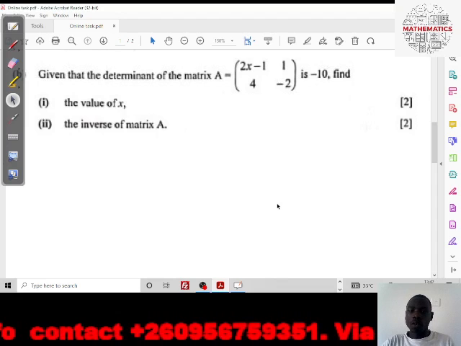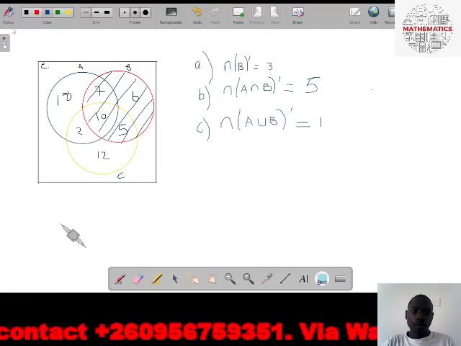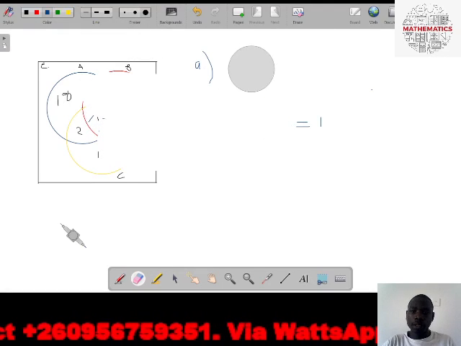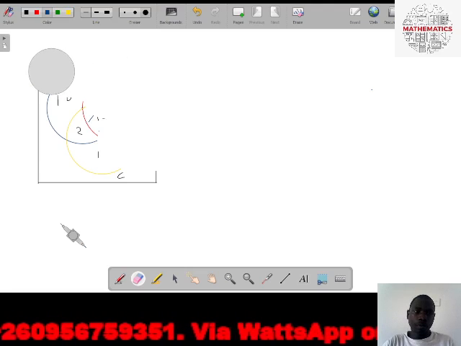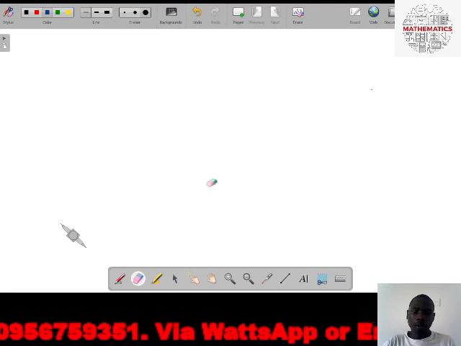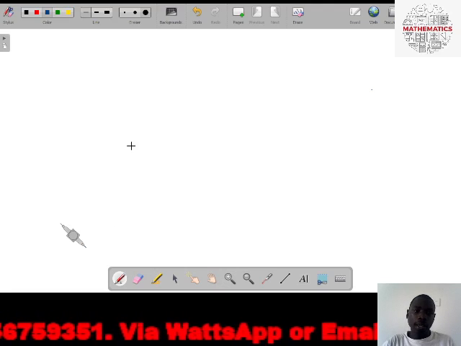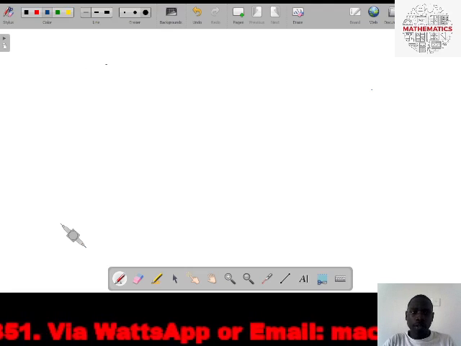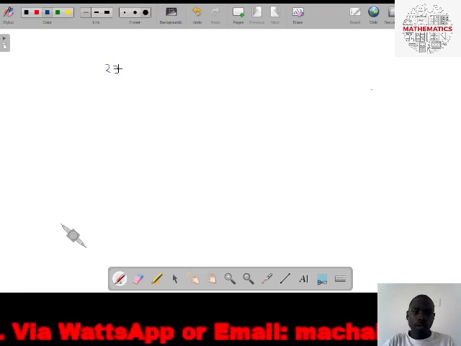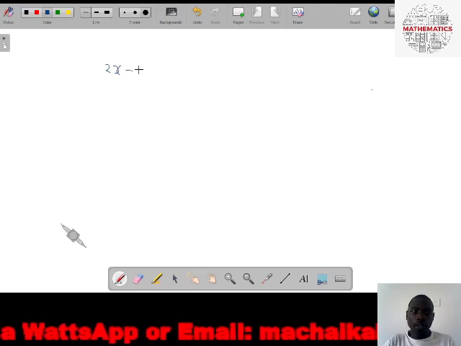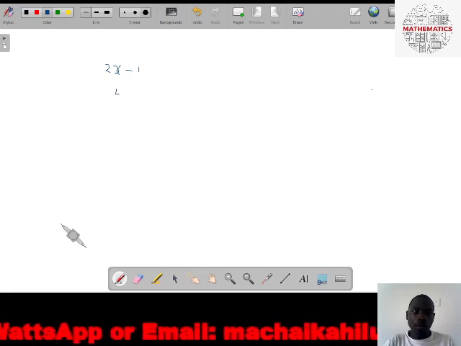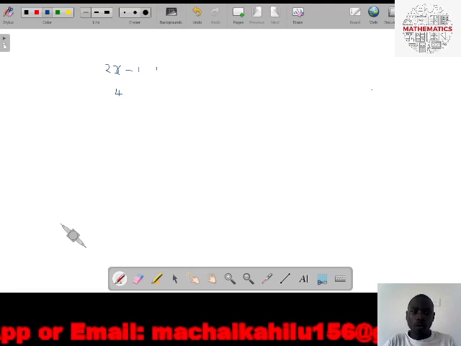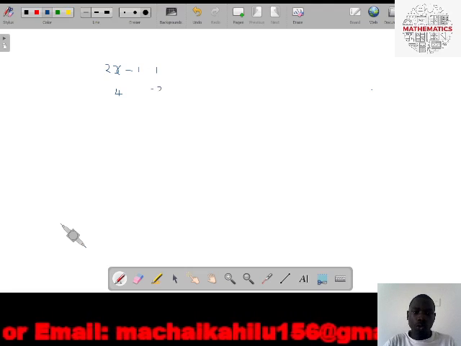So how can we find the value of x? We go back to our working. Let me just clean the board. Okay, so they're saying matrix A is given by 2x minus 1, and then we have 4, and then on the other side we have 1, negative 2.